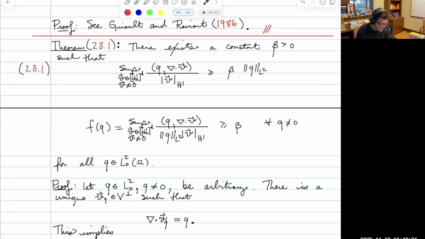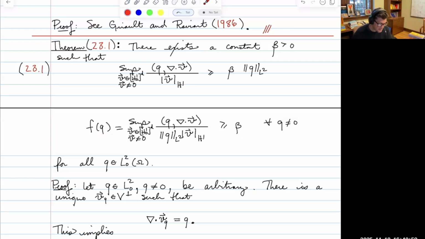Well, what do we know about that object? This is a lower bound for objects of this type for any Q. That means we can take the infimum over all Q of this object and still get that it is bigger than beta. Why? Because this is a lower bound for objects of this type.